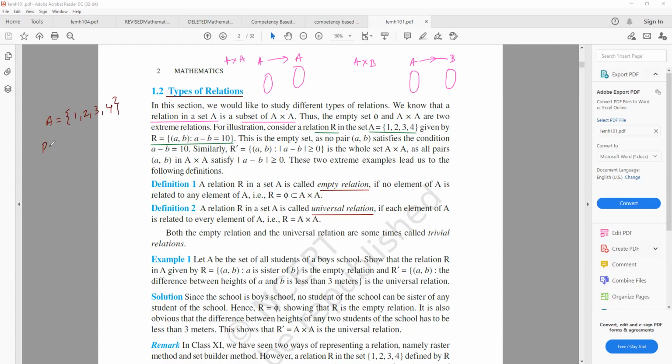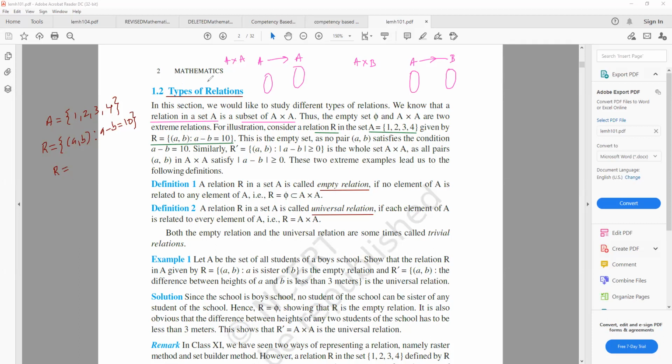Your relation is set of all ordered pairs such that their difference is 10. So how many ordered pairs are there? जैसे ordered pairs आएगा तो 1 1, 1 2, 1 3, 1 4, then 2 1, 2 2, 2 3, 2 4, 3 1, 3 2, 3 3, 3 4, 4 1, 4 2, 4 3, 4 4.